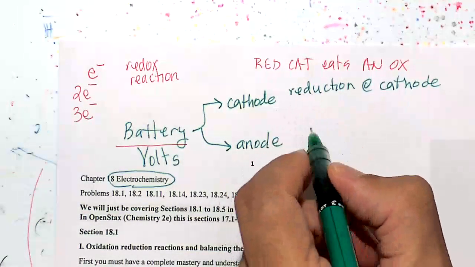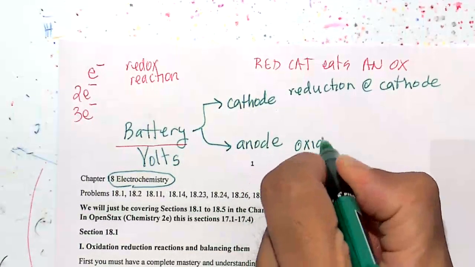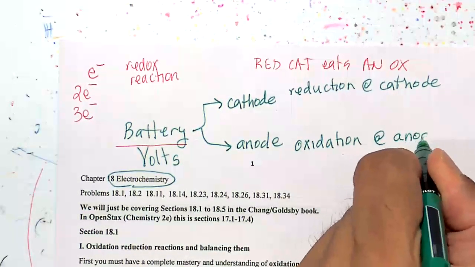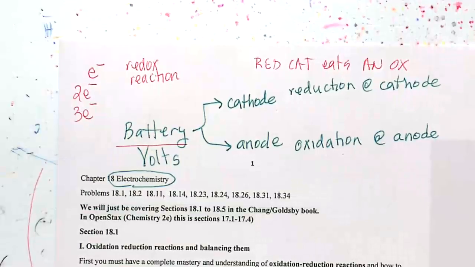And ox, anode, oxidation. Oxidation at the anode. So the 2 parts of a battery are a cathode and an anode. The cathode is the terminal where reduction happens.